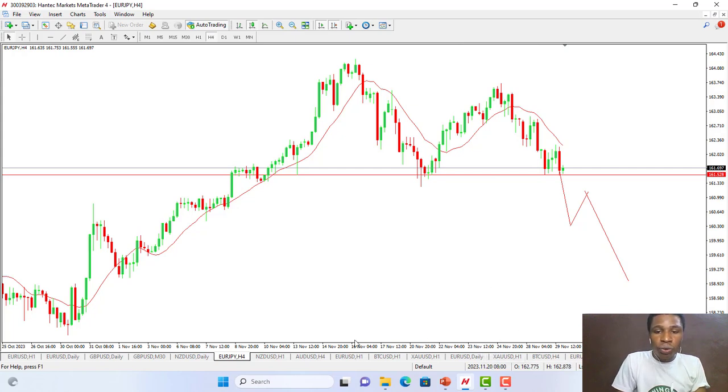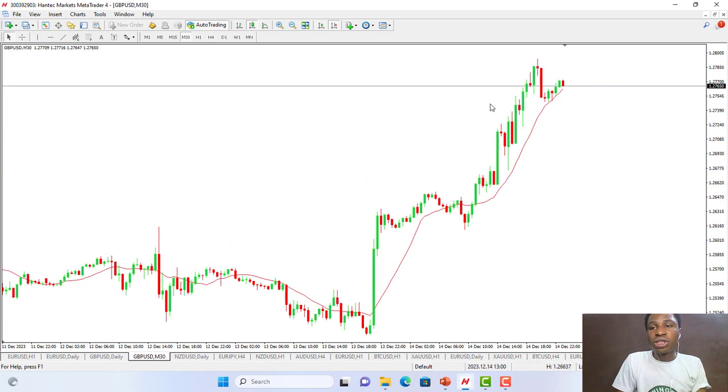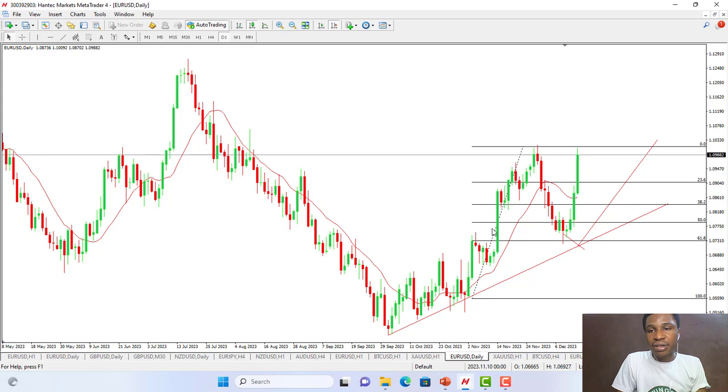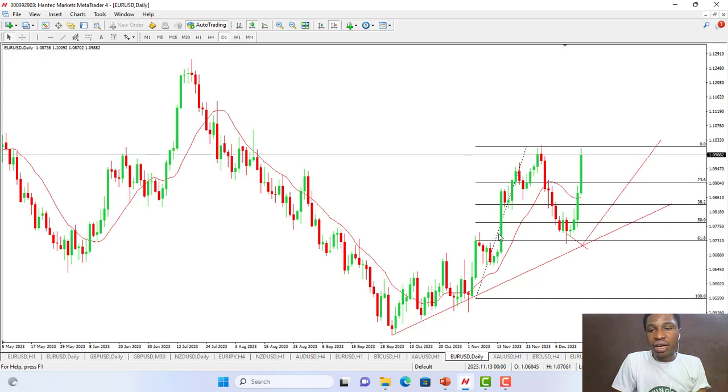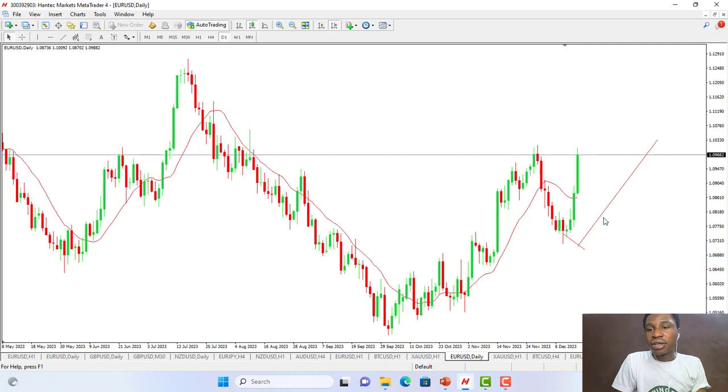If you are buying the market, let's take for instance, you wish to buy the market, trying to get a particular structure, right? So you wish to go in for a buy, right?